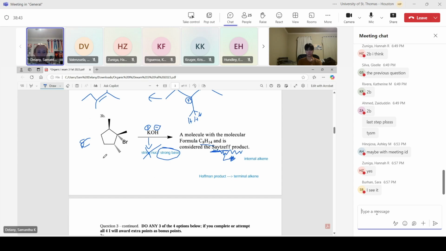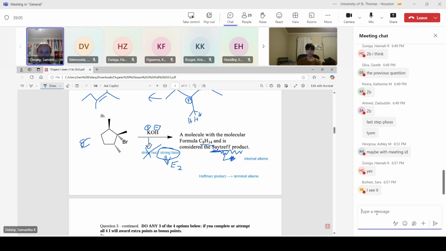So this ends up being a pretty easy mechanism. Because it's a strong base and we don't actually have any solvent information to work with, we know that we can do an E2 mechanism on it. Actually, I'm going to use what they started with.